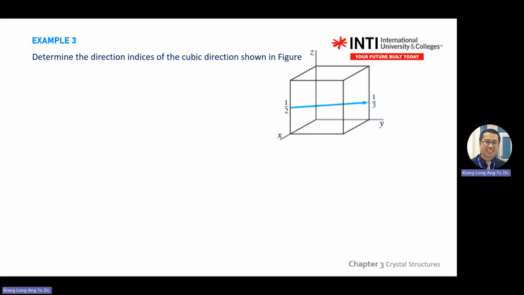Okay, exercise. See if you understand. Determine the direction indexes of the cubic direction shown in the figure. What is the direction? Origin is here. Are you able to calculate the number?